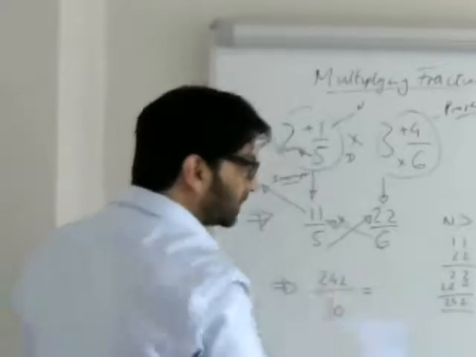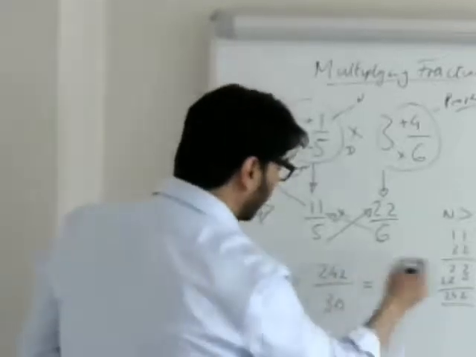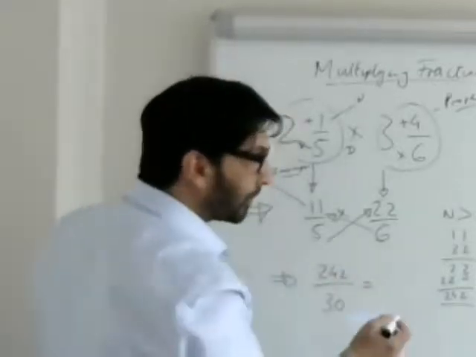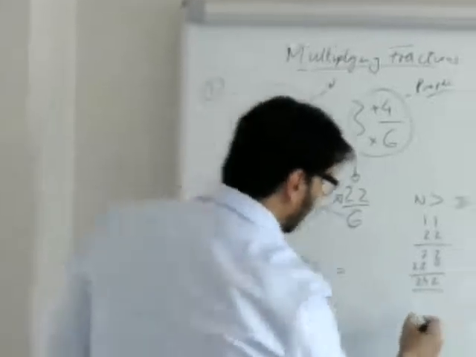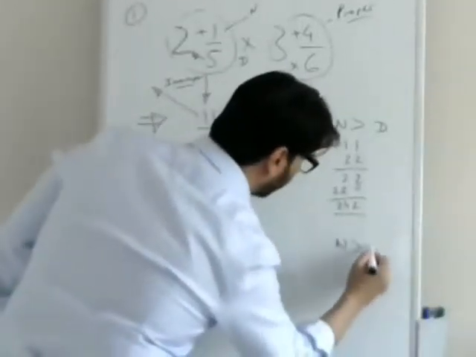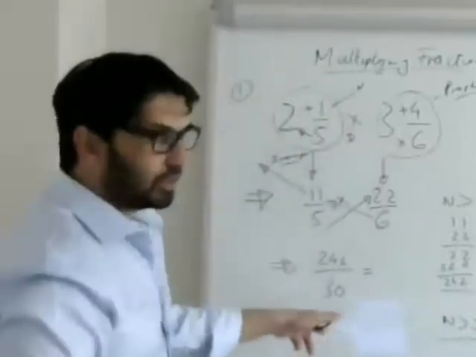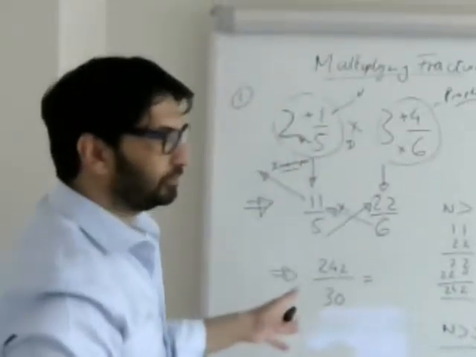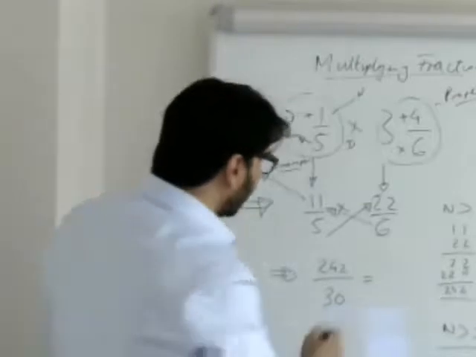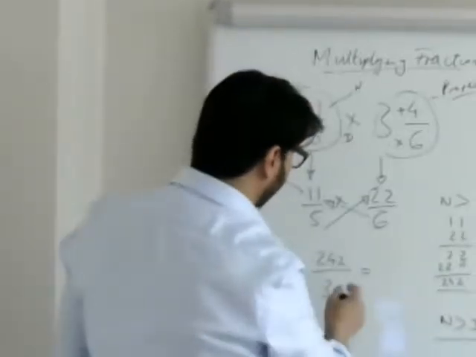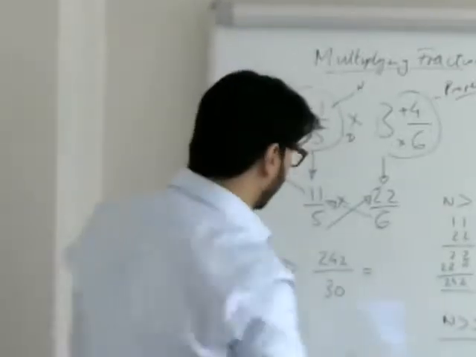Now let's see if that's divisible by 2, the numerator and the denominator. Now we see again that the numerator is greater than the denominator. Okay, now it's still an improper fraction.